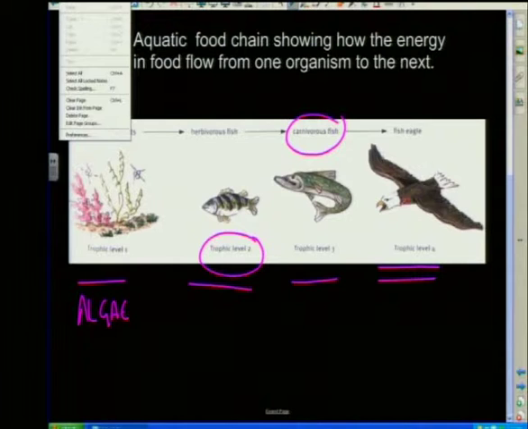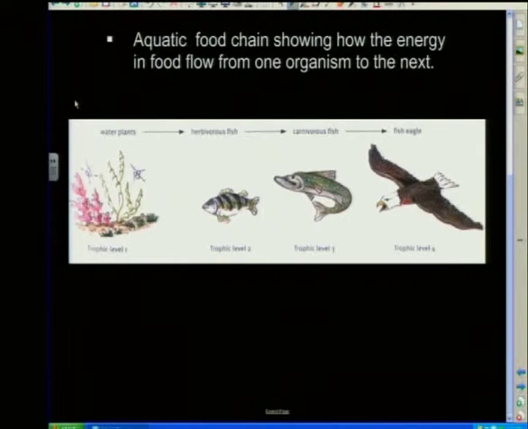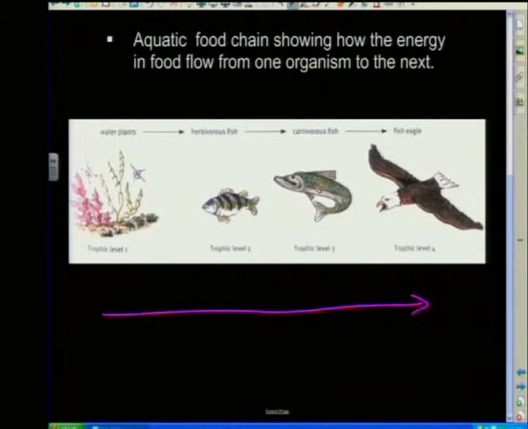What you'd notice in this slide, and in the previous slide, is that as we move up a food chain, the size of an organism changes. Here you'd see plants being very small, but as we move further up, the size of the organism increases.